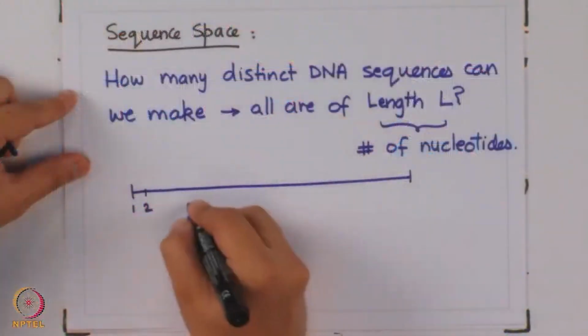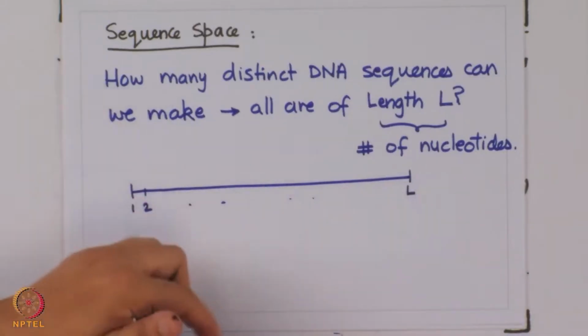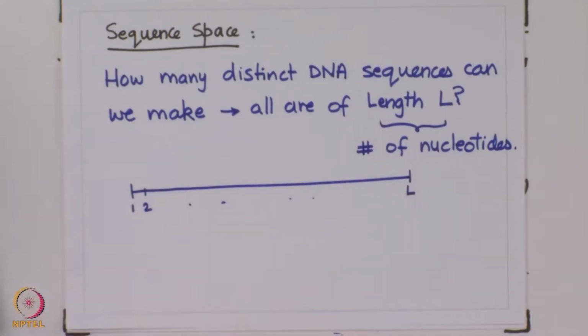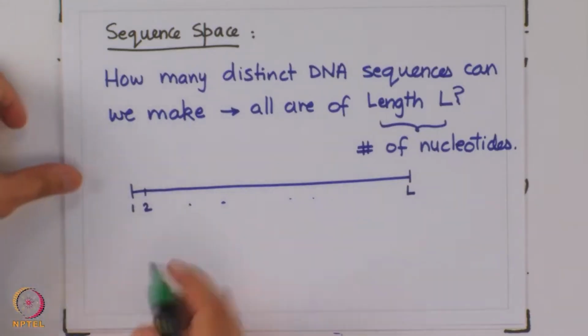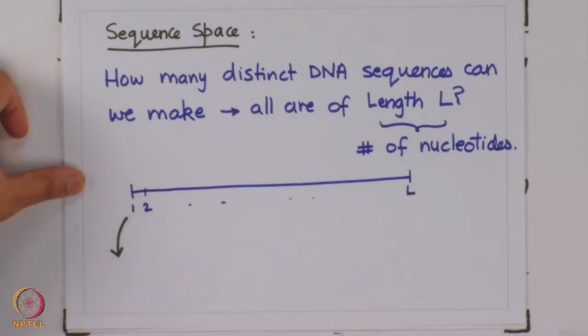So, how do we go about thinking this? We are required to make this linear piece of DNA which is nucleotide 1, 2 going all the way up to L, and we are interested in how many such sequences we can make. And it is really a trivial counting problem. When I am allotting a nucleotide to the first position, how many options do I have?